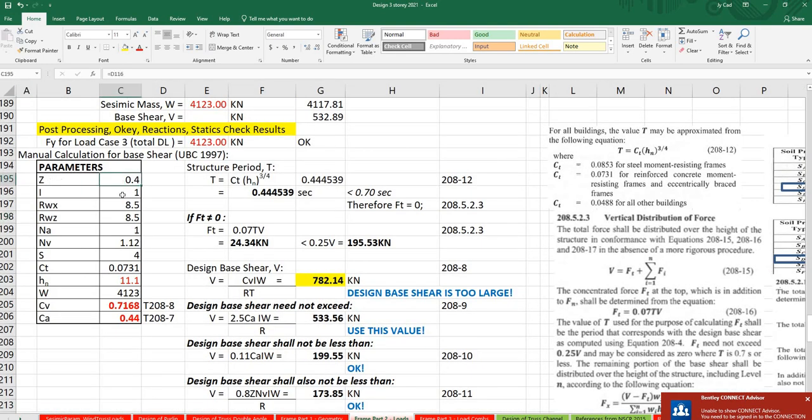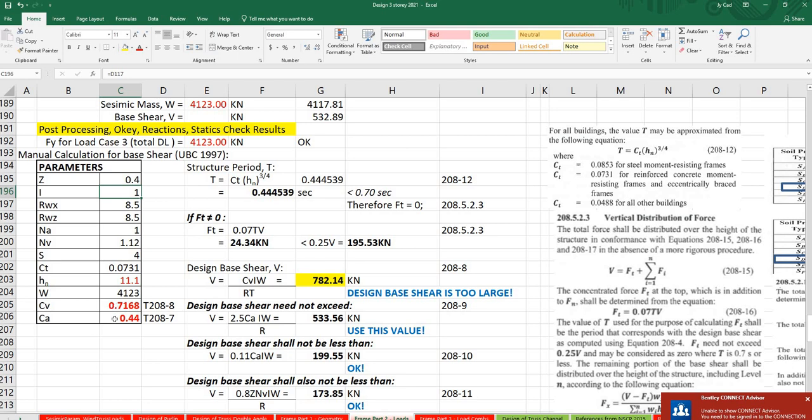So, the zone, tapos importance factor, and then RW, X, and J, near source factors NA and NV. Tapos, ito yung soil type, and then, ito yung CT, height of structure from the top of footing. And then, this is the seismic mass or the weight.